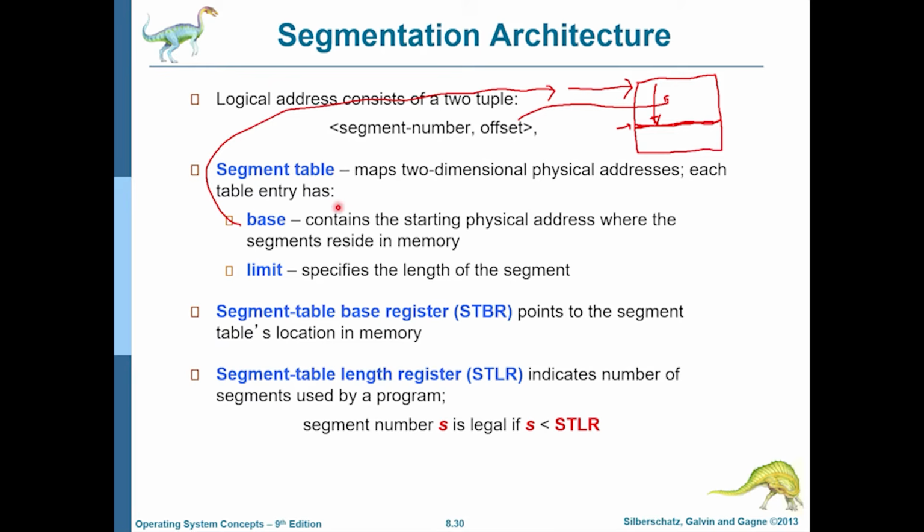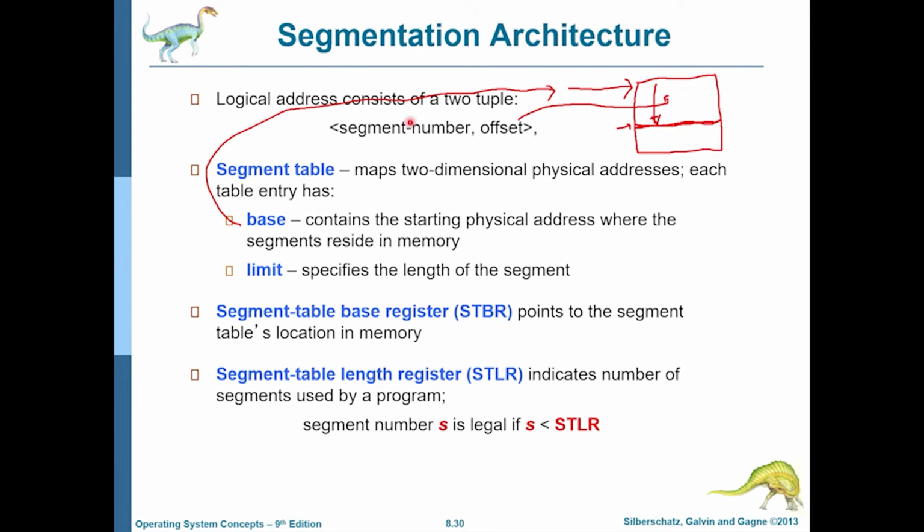So as already mentioned, the segment number can be used to look into a segment table. Now the operating system maintains a segment table somewhere, and the operating system knows where the segment table is because that is stored in the segment table base register. So the segment table base register will give you the location of the segment table.